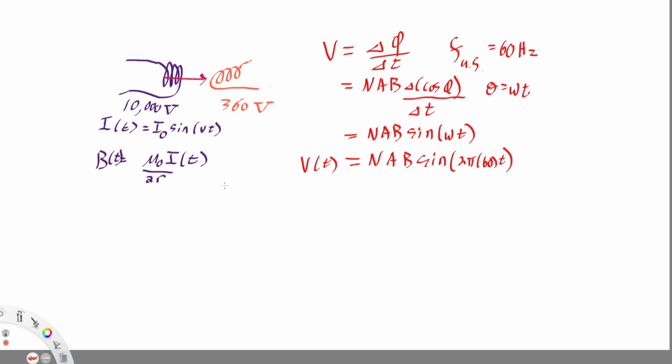So on the purple side, we're creating a B field that changes in time because the current that we're using changes in time. On the orange side, we are inducing a voltage by changing the strength of the B field.